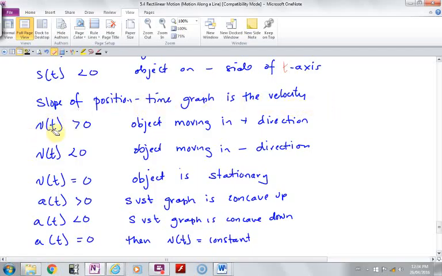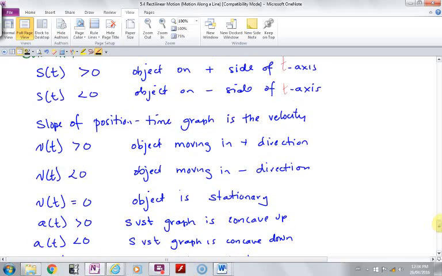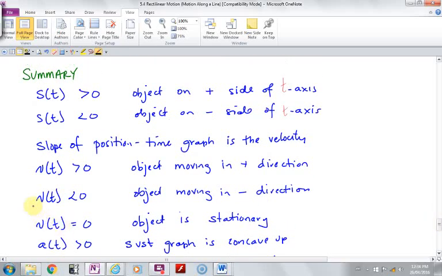So if the velocity is positive, then the object is moving forwards. If the velocity is negative, then the object is moving backwards. What is the object doing if the velocity is 0? It's not moving, or we say it's stationary.